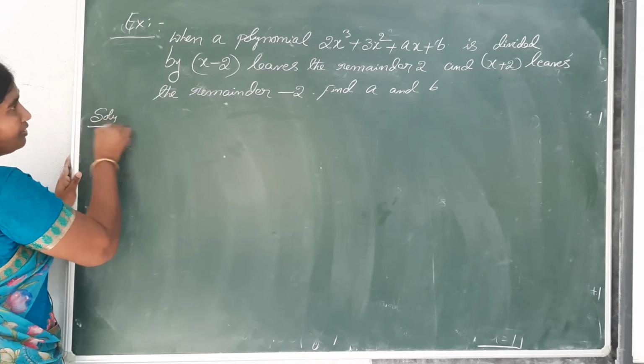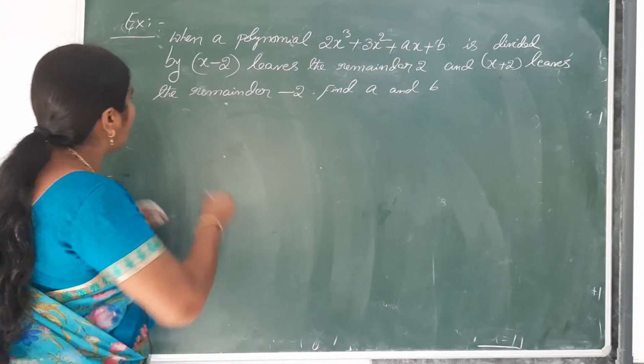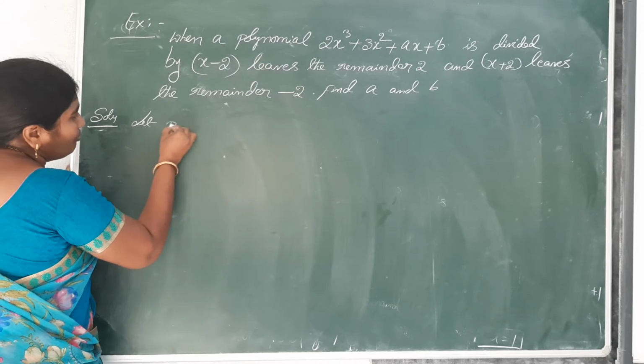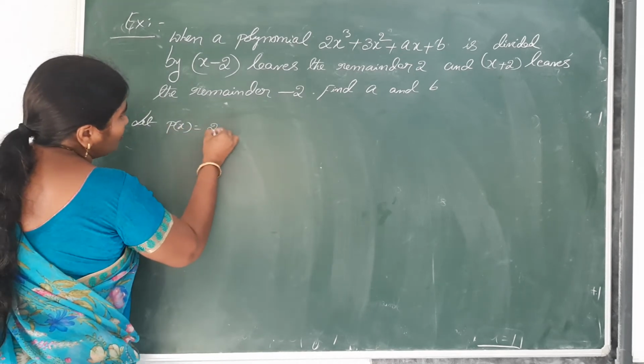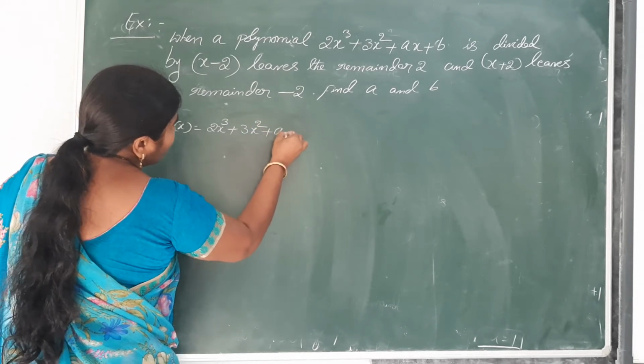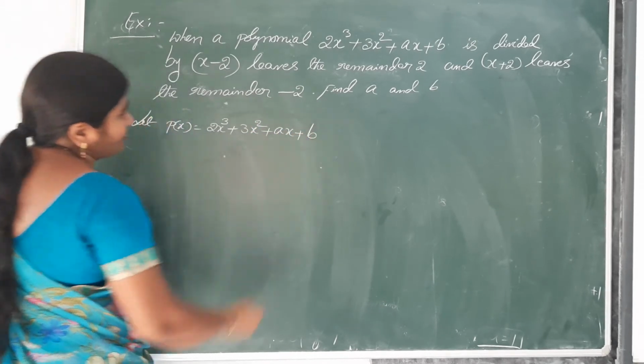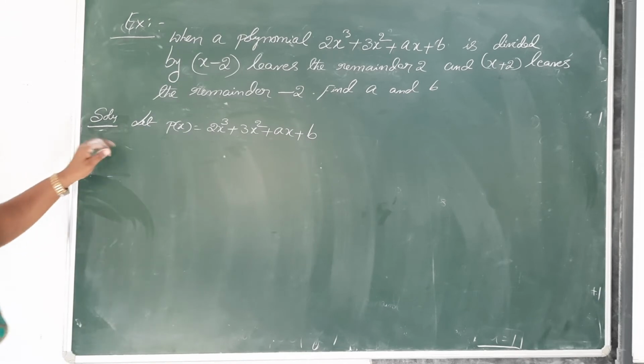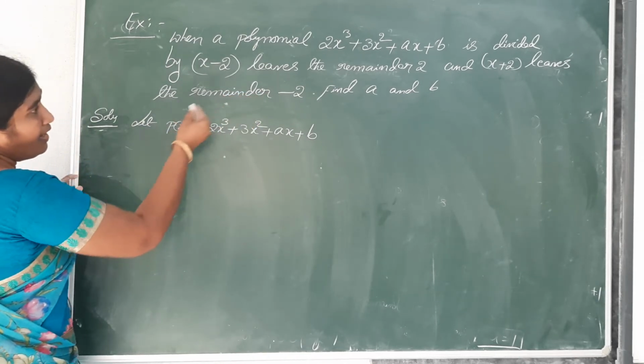Solution. First, let P of x equal 2x cube plus 3x square plus ax plus b.